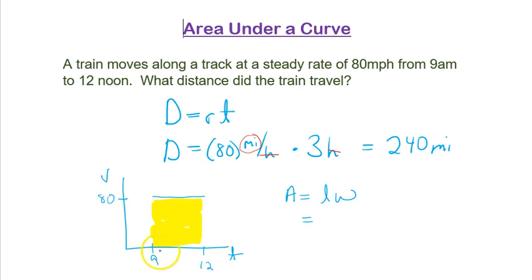Our length, our base here, is 9 to 12, which is 3. Our width or our height is the 80. And notice that that gives me 240. So it's giving me that same output that I got from the formula distance equals rate times time.